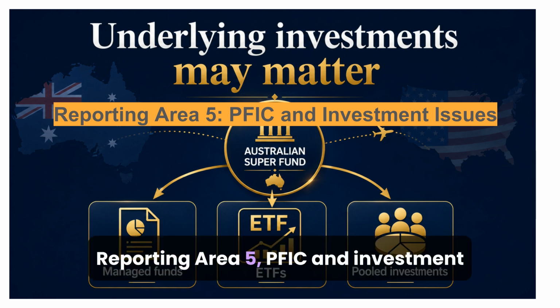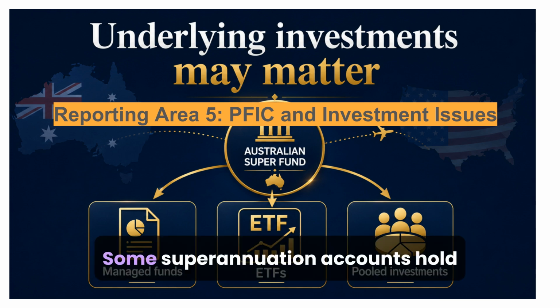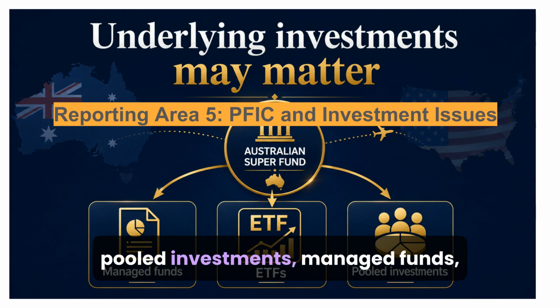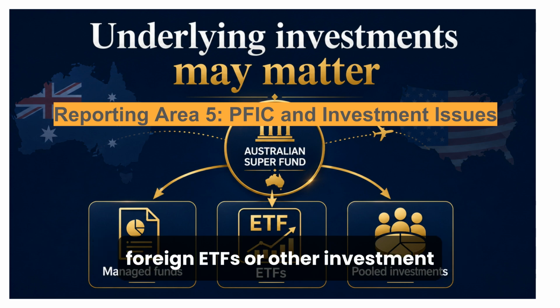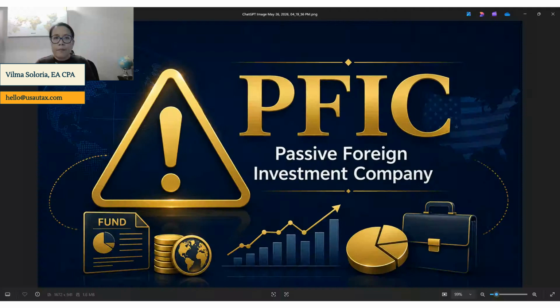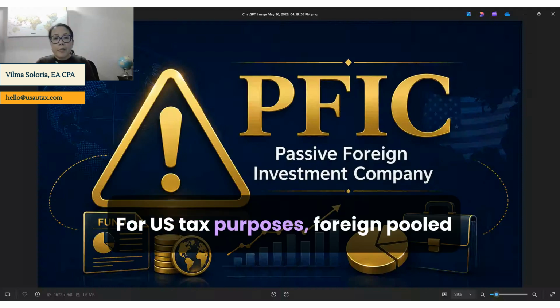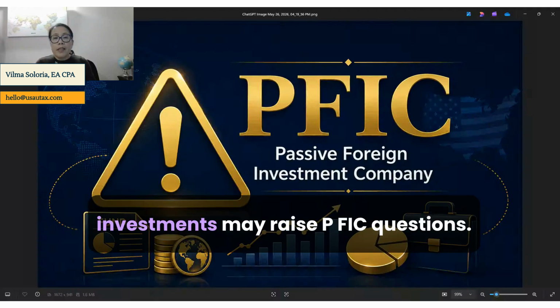Reporting Area 5, PFIC and investment issues. Some superannuation accounts hold pooled investments, managed funds, foreign ETFs, or other investment products. For US tax purposes, foreign pooled investments may raise PFIC questions.